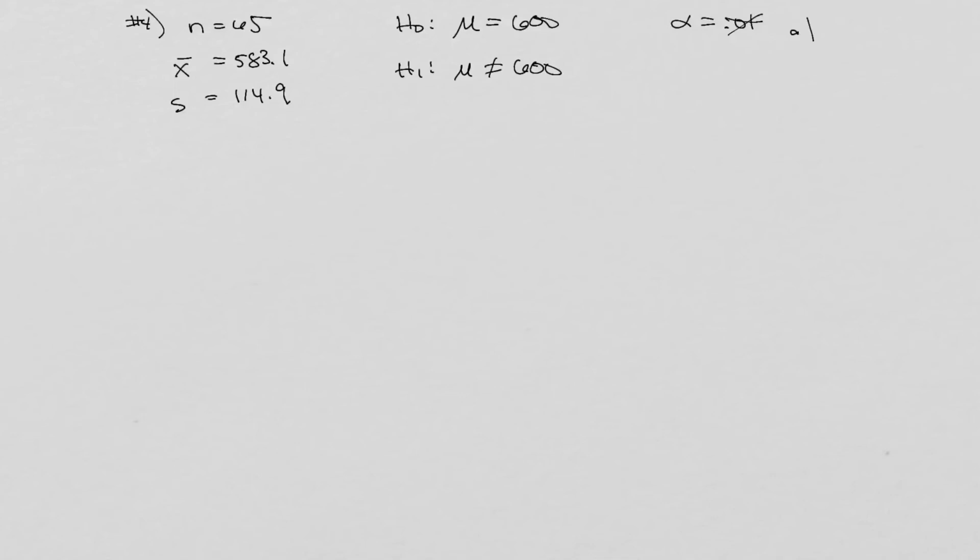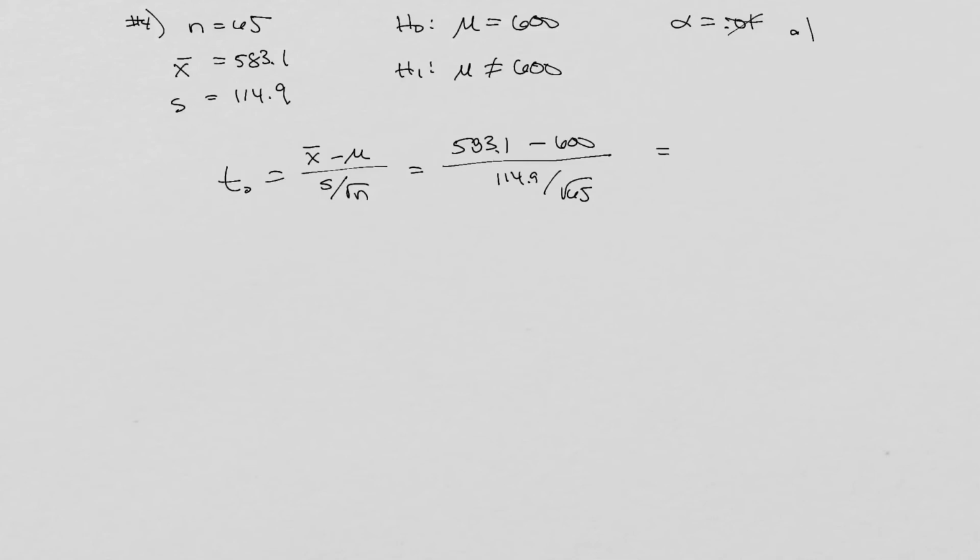All right, so for this one, again, we're talking about means and not proportions, which tells me I need my t statistic here. Right. So for this one, I will take the average from the sample, subtract the claim and divide that by the standard deviation from the sample over the square root of n. So here, it's 583.1 minus the claim over the standard deviation of the sample over the square root of 65.